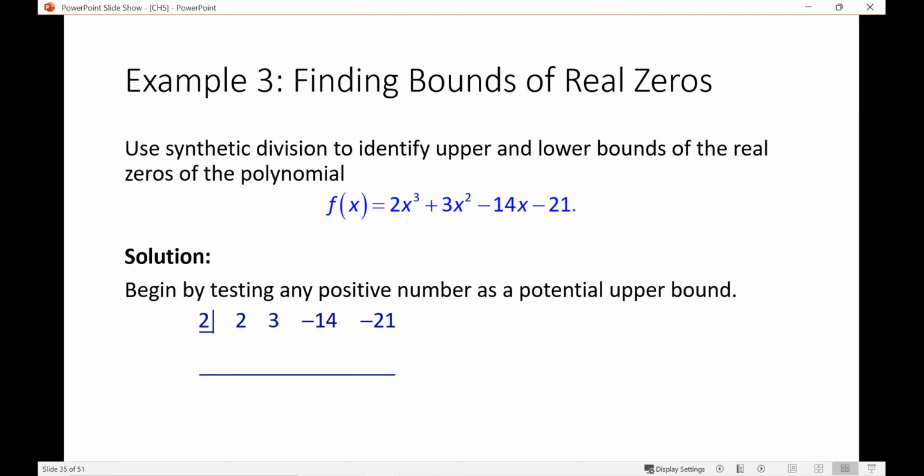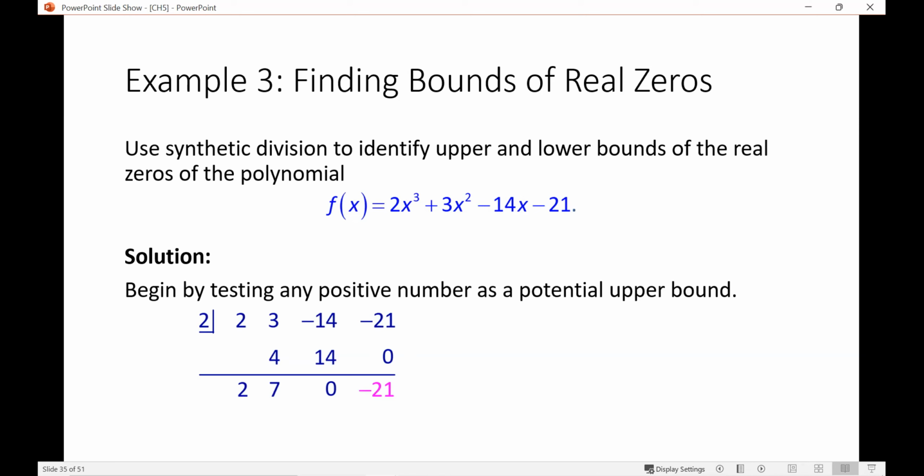So we're going to divide this polynomial by x minus 2, and in synthetic division, that's just using a 2. We list the coefficients of our polynomial, and we drop that first coefficient to the bottom. 2 times 2 is 4. We add those together. 2 times 7 is 14. We add those together. 2 times 0 is 0, and we get a negative 21.